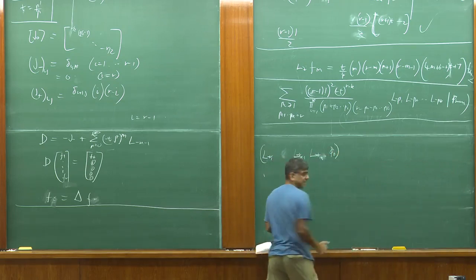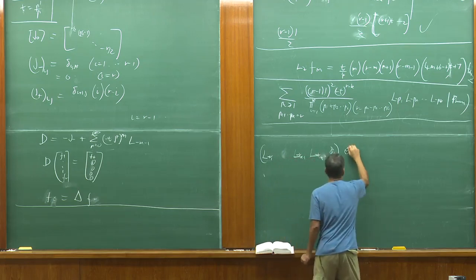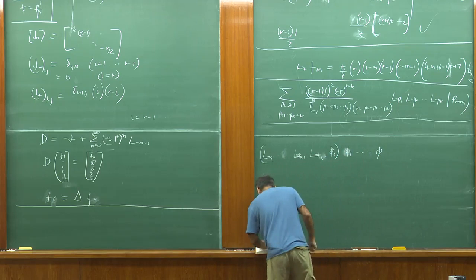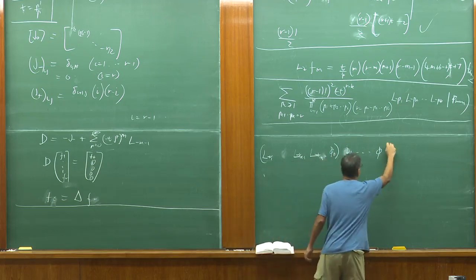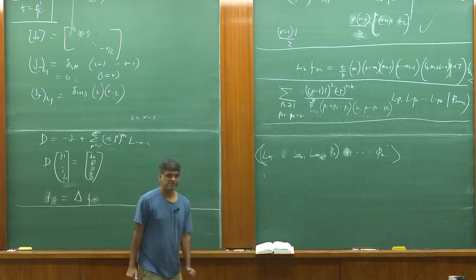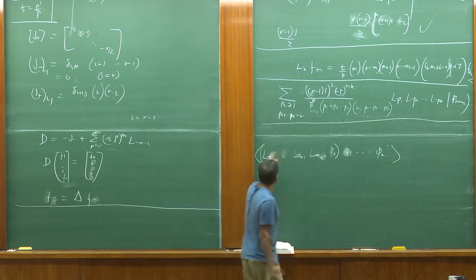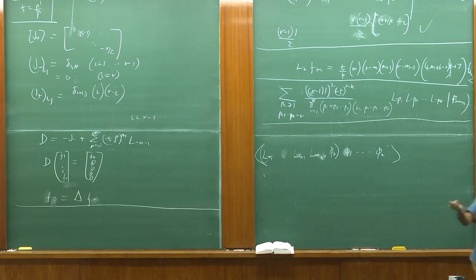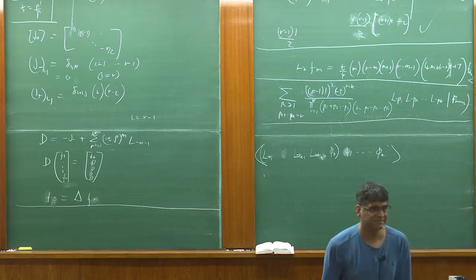You wanted to take this descendant and look at its correlation functions with phi 1 to phi m. We need this general form of having many operators because, as you've seen, our null states in general are sums of products of these many descendant operators.